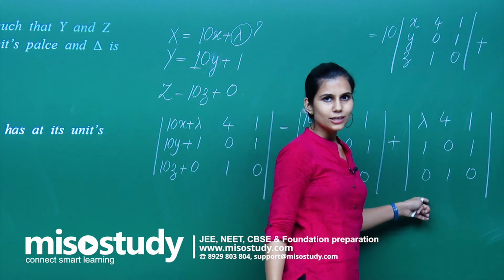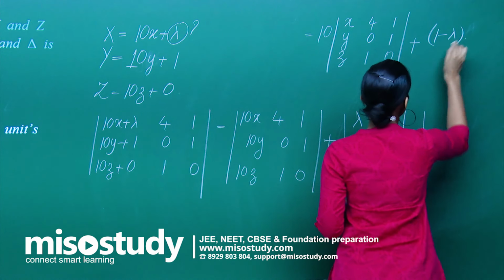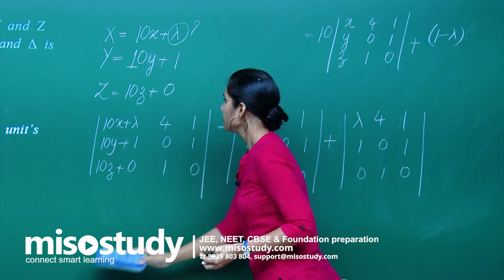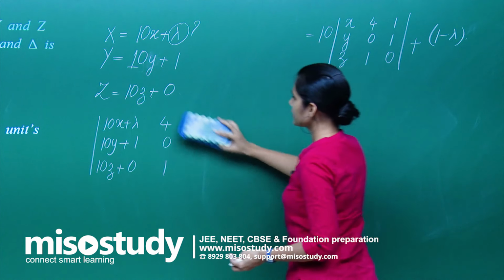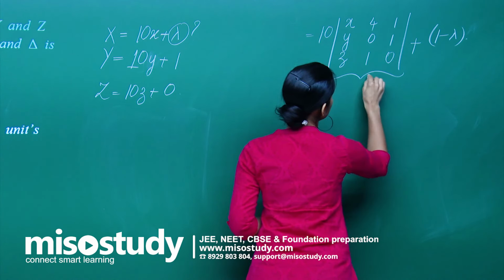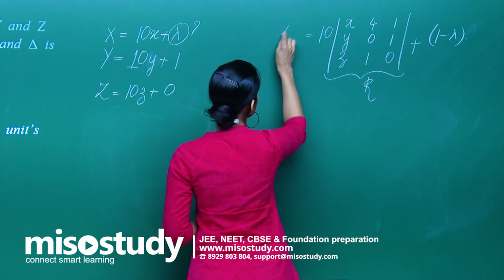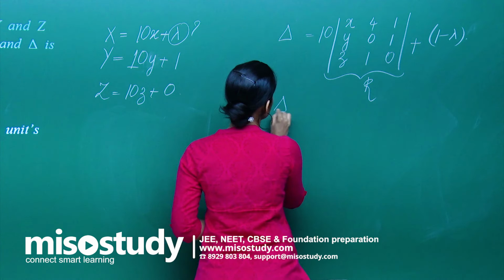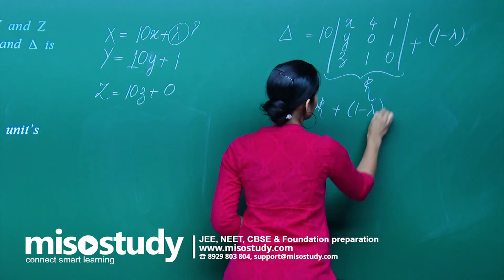Plus, when you evaluate this very easily, you will be getting 1 minus lambda. Now basically, I can just think of it as some k. Think of it as some k, this is delta. So delta is basically 10 into k plus 1 minus lambda.